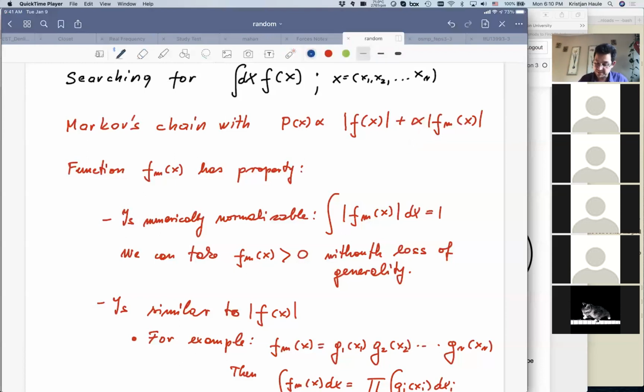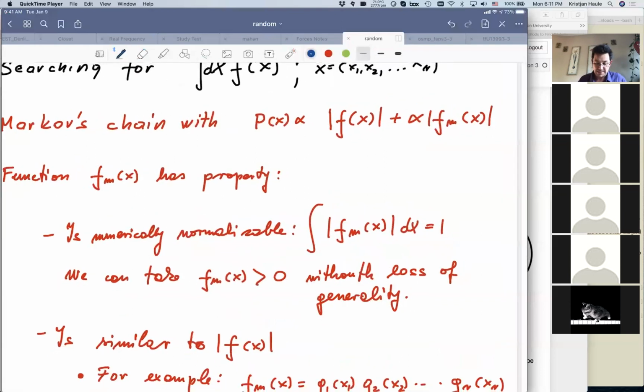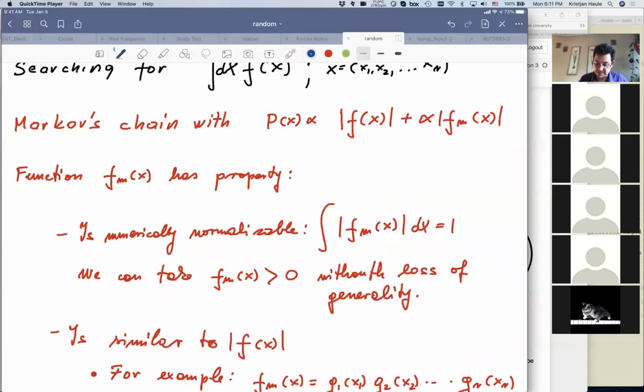So basically, this alpha is an arbitrary number, but we should add it in such a way that the final integral of the function f of x has to be of the same order of magnitude as the integral of the function fm of x dx.